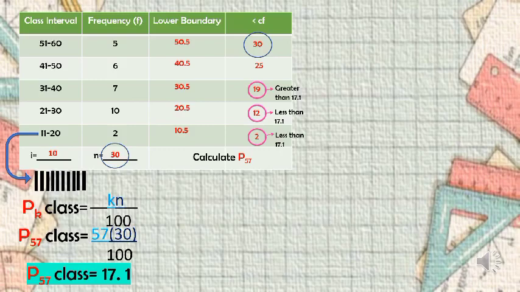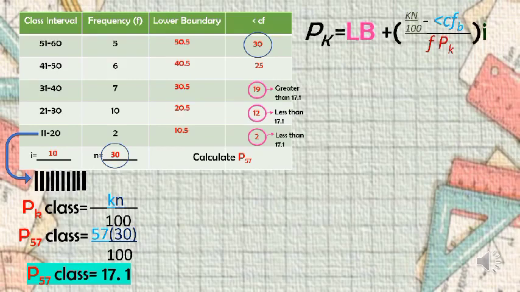Kasi itong 2, yung sa baba, yun yung first class. Then, itong 12 naman, ito yung second class. Then, itong third class, ito yung 19. After that, we will now be using the formula of percentile for the group data.